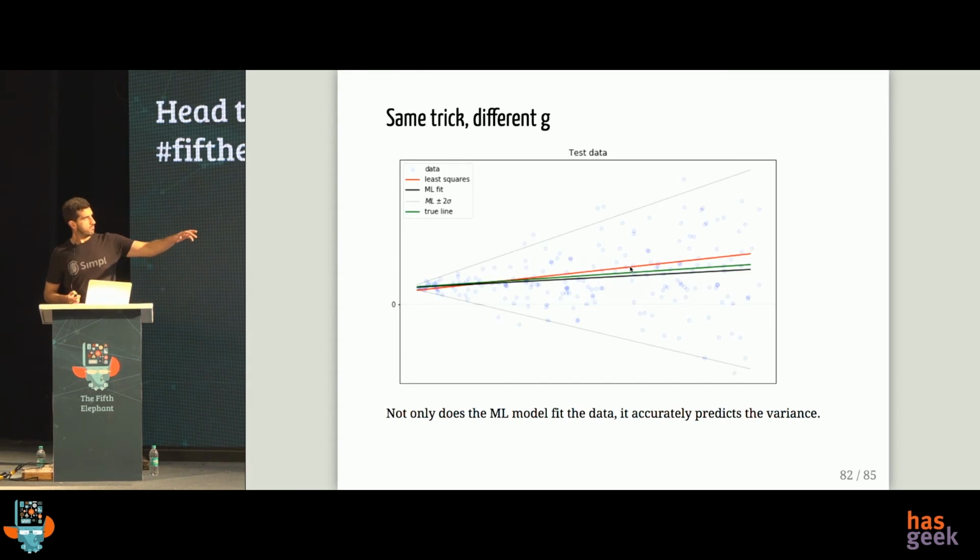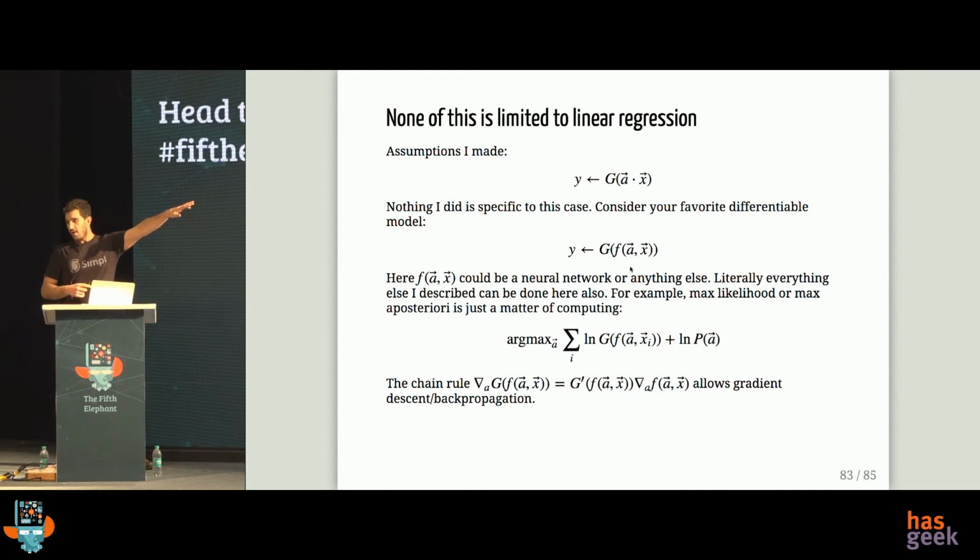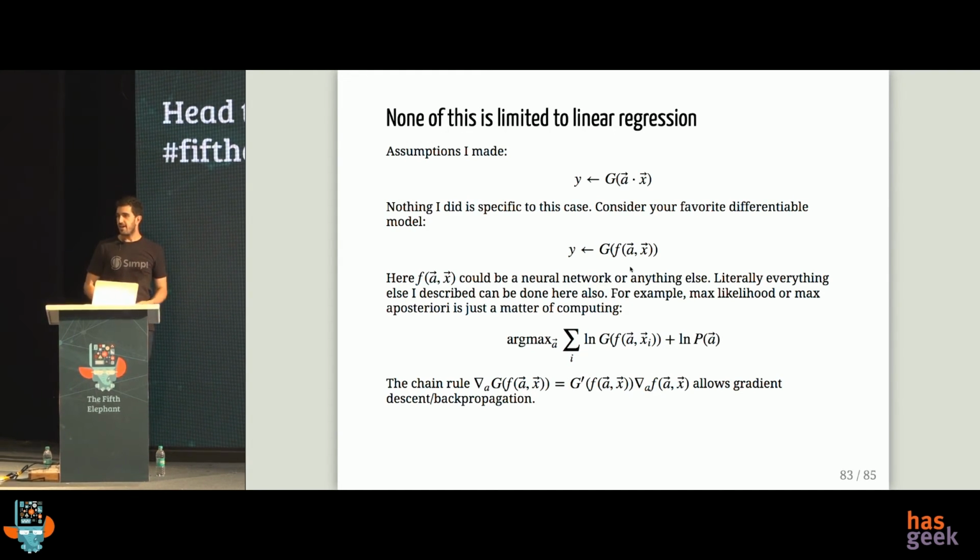So essentially, if f of x were something other than linear, it could be your favorite neural network, favorite LSTM, whatever, you just wrap it in the appropriate loss function, which you derive by looking at your data and figuring out what you're trying to optimize. Do the same tricks, gradient descent, SGD, all that stuff is going to work for the most part, assuming you don't choose G too crazy. And you can do all the same stuff, but more accurately predict what you want just by understanding the problem a bit.